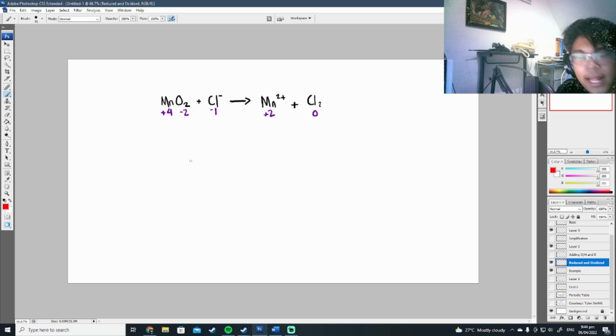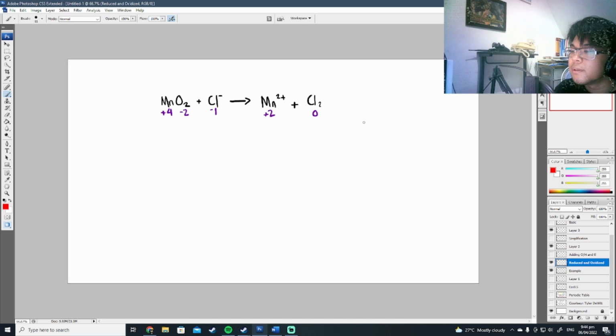So which element is being reduced and which element is being oxidized? As you can see here, I've already listed down the oxidation numbers that we solved earlier: +4, -2, -1, +2, and 0.